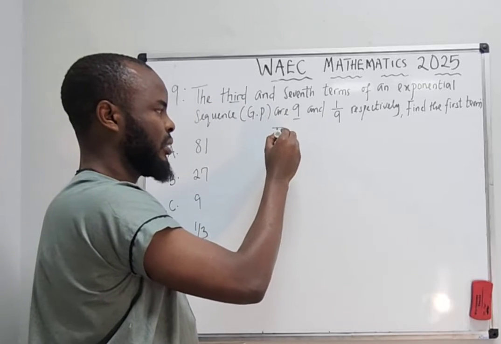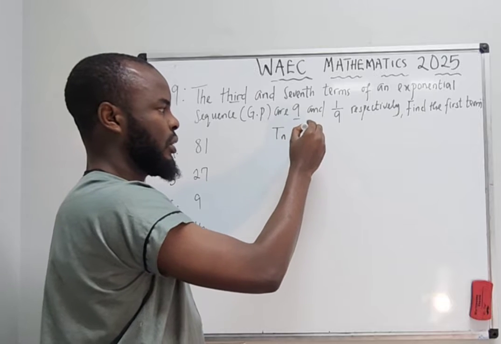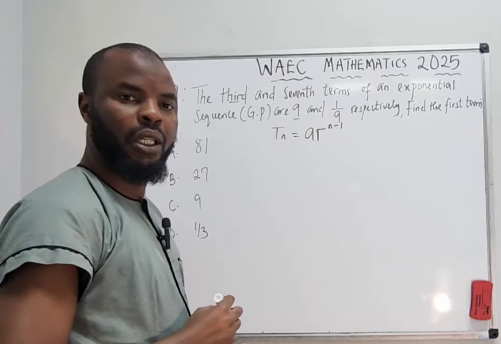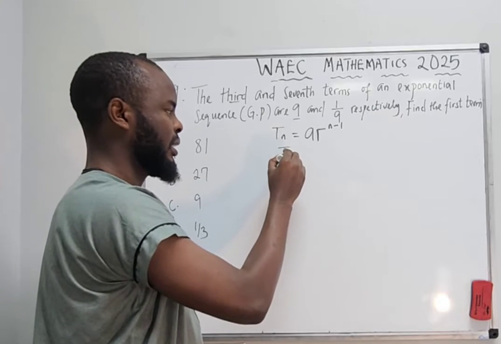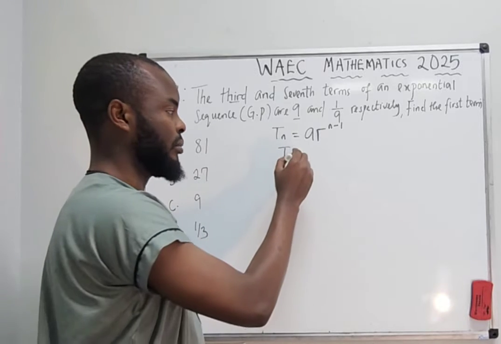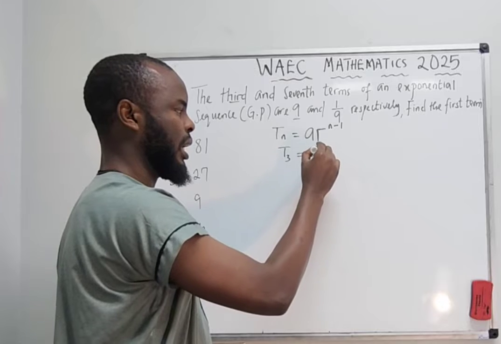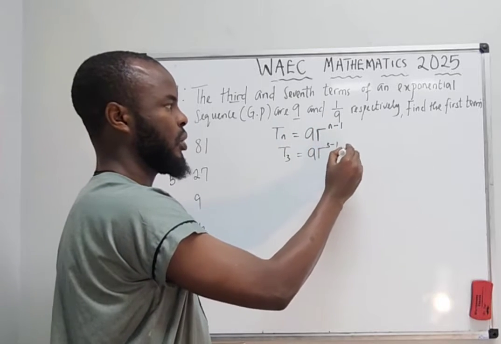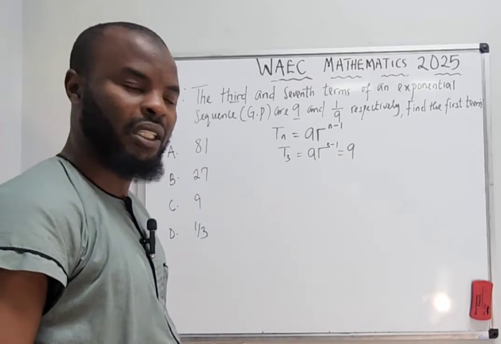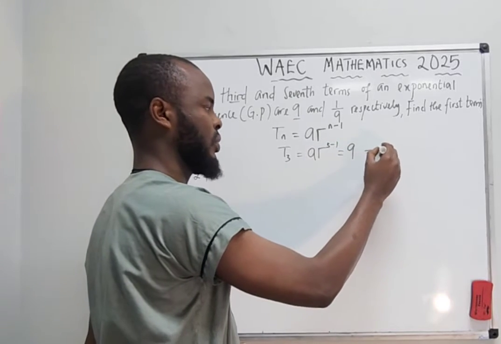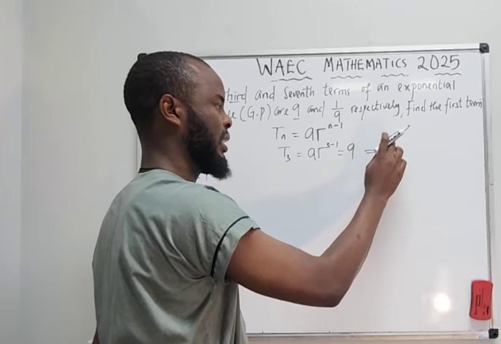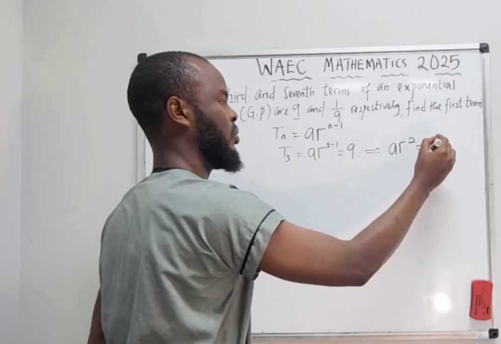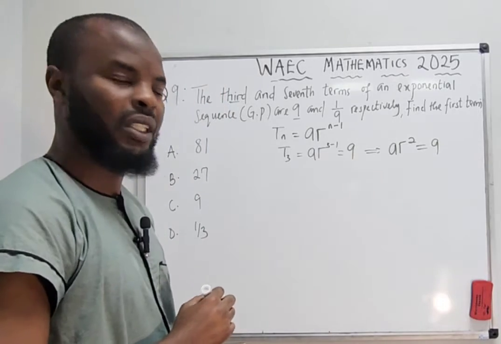Now, to do this, we have the third term to be 9. So, don't forget, the formula is Tn equals a r to the power of n minus 1. T3, which is the third term, is a r to the power of 3 minus 1, which gives a r squared equals 9.